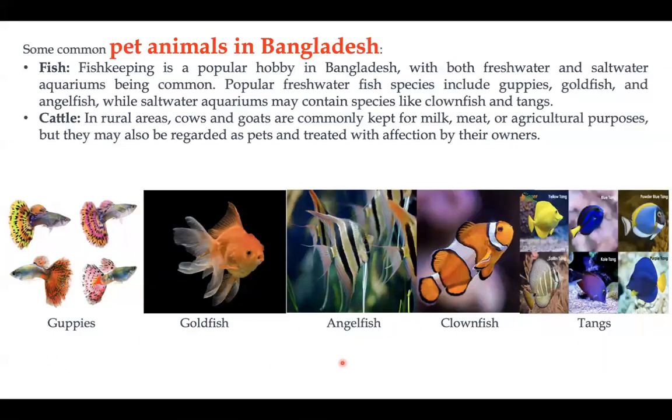The goldfish, guppy, angelfish are, I guess, freshwater fish. And the clownfish and tanks are seawater fishes. And in rural areas, cows and goats are commonly kept for milk, meat, and agricultural purposes, but they may also be regarded as pets and treated with affection by their owners.